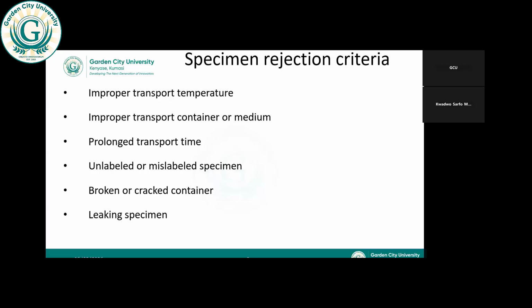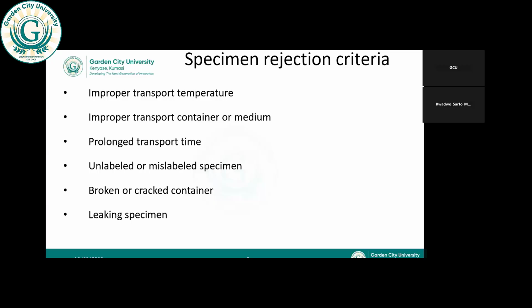If improper transport temperature is used, it may compromise the quality of the sample or specimen, so they may be rejected in most cases. Using the right transport medium or container will make the sample or specimen be accepted.